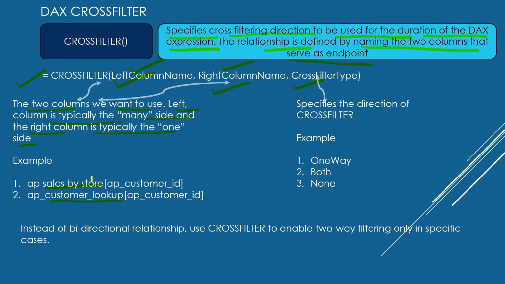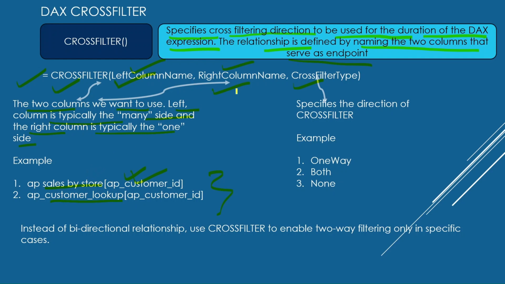If you want to flow the direction of the relationship from the many to the one side, we can use CROSSFILTER. The left column name must come from the many side of the one-to-many relationship, so in this example this is the column from the many side, because the relationship is one-to-many from customer lookup to AP sales by store.